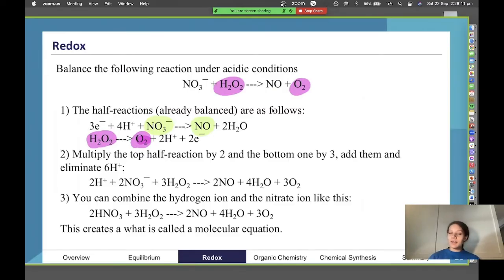So once we've combined, the equation looks like that. And then we can also combine the hydrogen ion and the nitrate ion. I wouldn't be too fussed about that in terms of an exam, but that's if we wanted to write that as an actual molecular equation where we don't have ions just floating around. They would usually bind together.